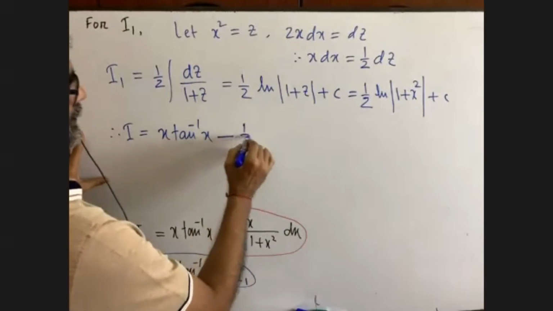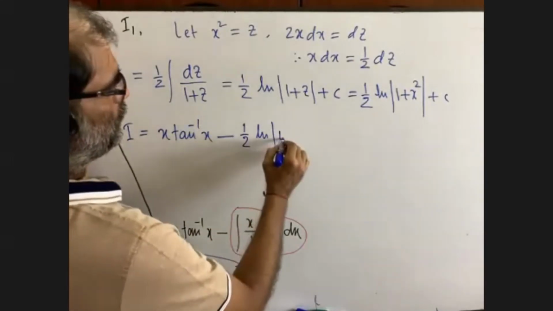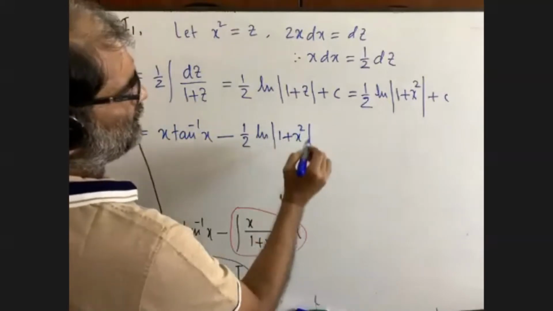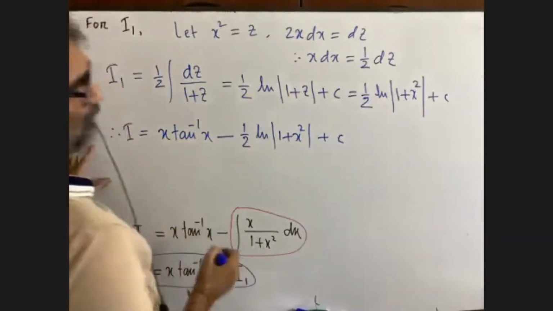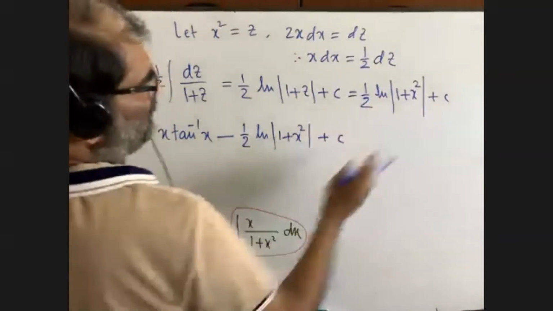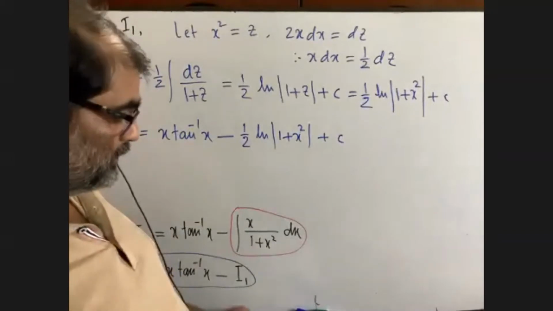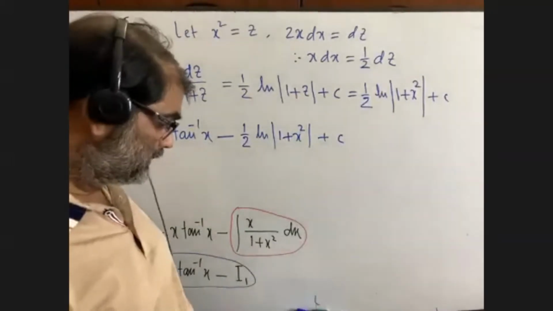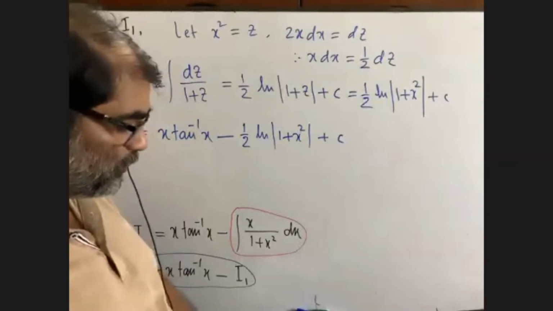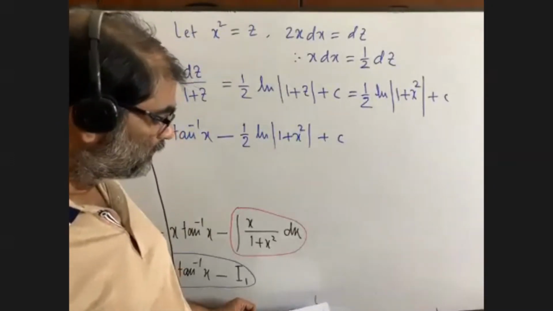Minus half ln 1 plus x square plus c. Many of you can tell this is minus, so it will be minus c. It is immaterial. I don't know what is the value of c. Okay, this was question number 16.1, and we are absolutely right.